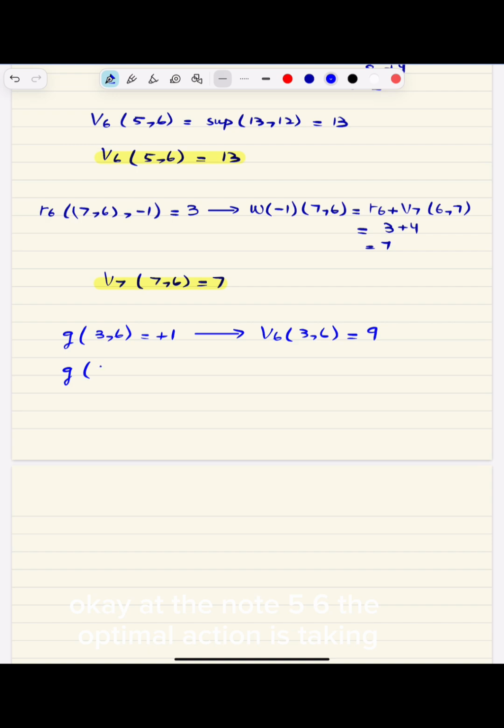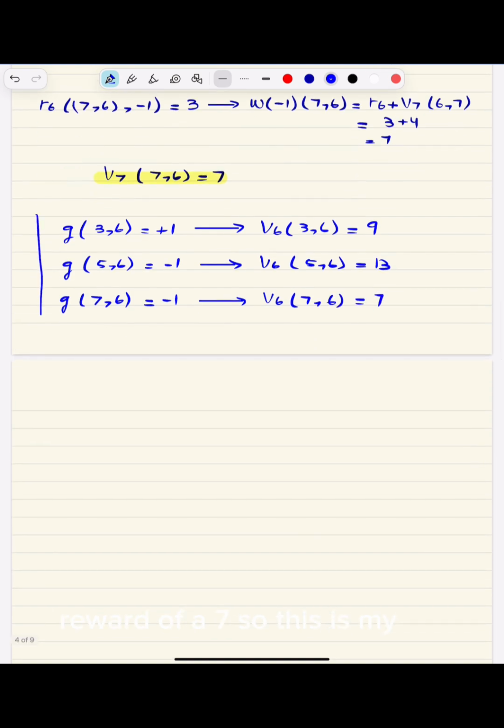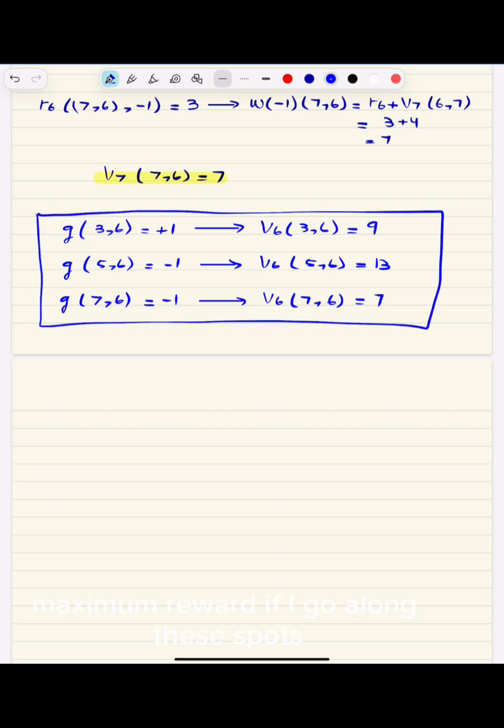At the node 5 6 the optimal action is taking a left, and I end up with the maximum revenue from the node 5 6 being a 13. And the last node is a 7 6, and if I take a left from this state, I will end up with a total reward of a 7. So this is my maximum reward if I go along these paths.